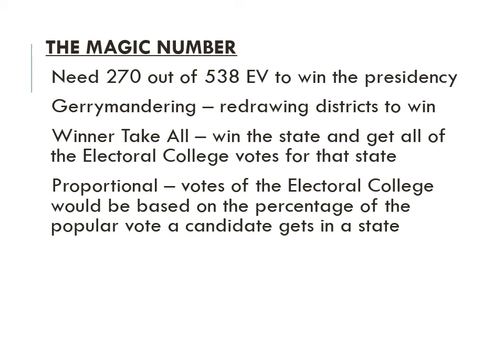Even though almost half of the people went for somebody else, whoever got the 51% would get all 15 of our Electoral College votes, as opposed to what we refer to as proportional, meaning that since we have 15, 8 of them would go to one candidate and 7 of them would go to the other if it was a 51 to 49 difference.